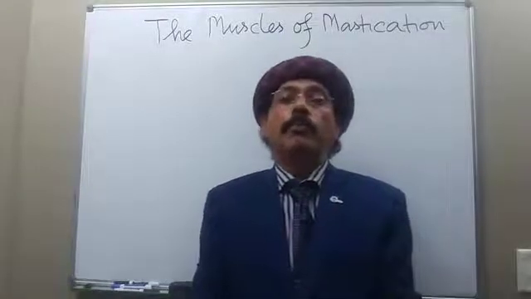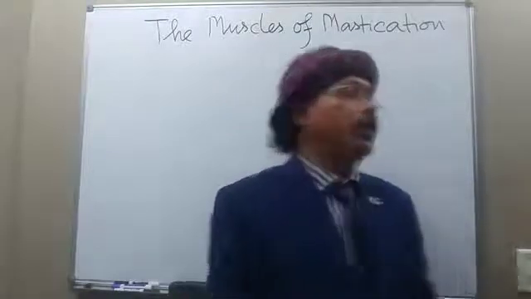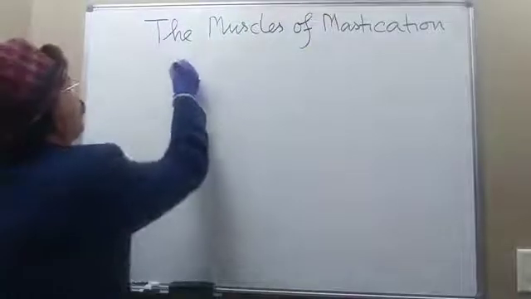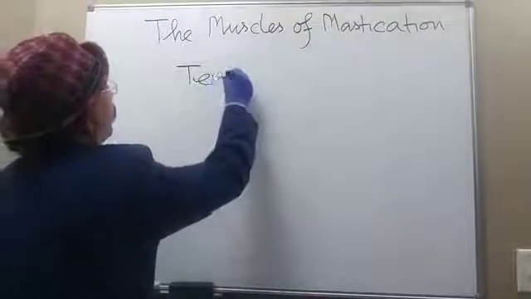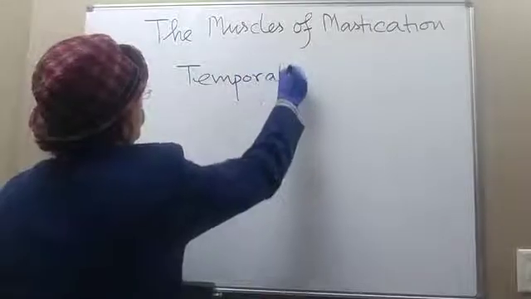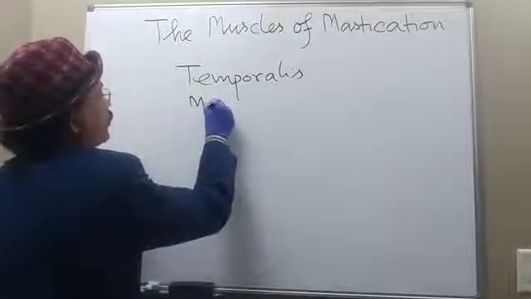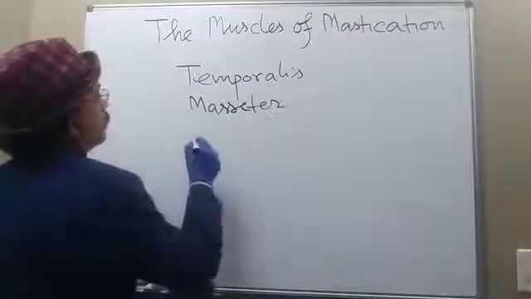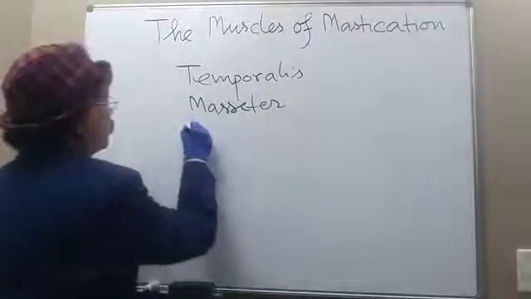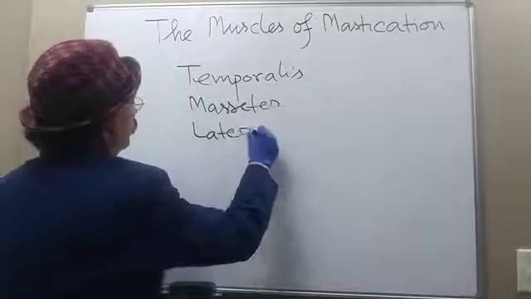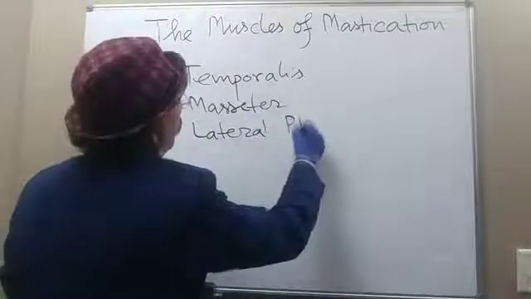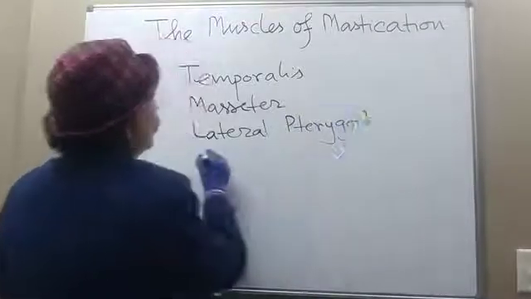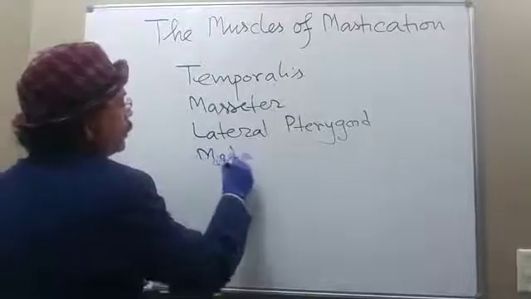Today I will discuss the muscles of mastication. So what are the muscles of mastication? The muscles of mastication are the temporalis, masseter, lateral pterygoid, and medial pterygoid.